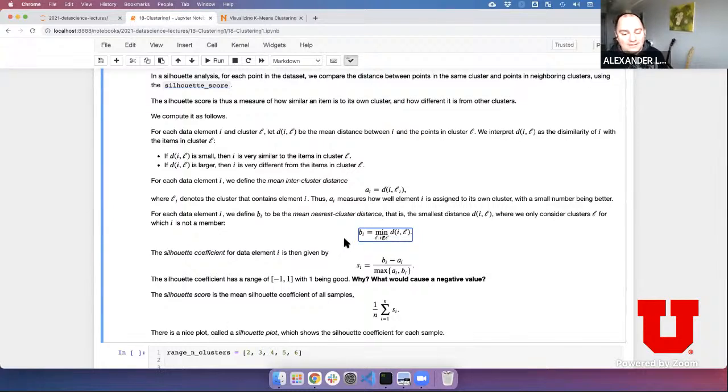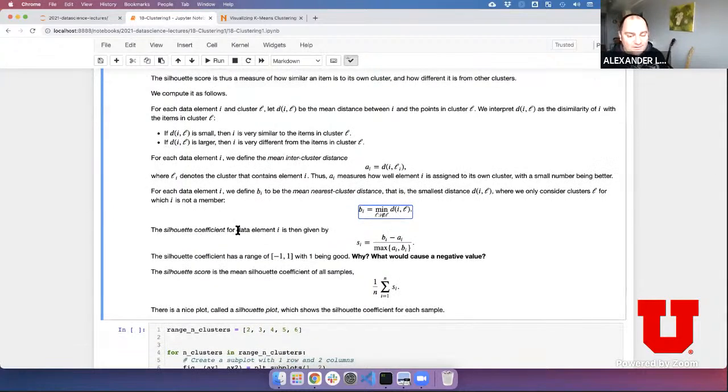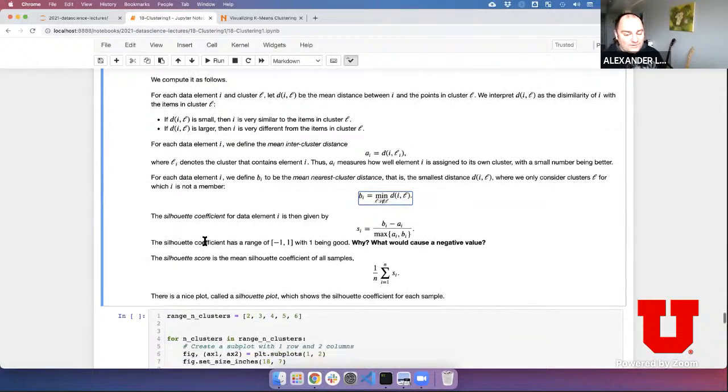And the silhouette coefficient for a data element i is then given by b(i) minus a(i) divided by the max of a(i) and b(i). And this has a range of -1 to 1, with 1 being good. And why is that? And what would the negative value here mean?